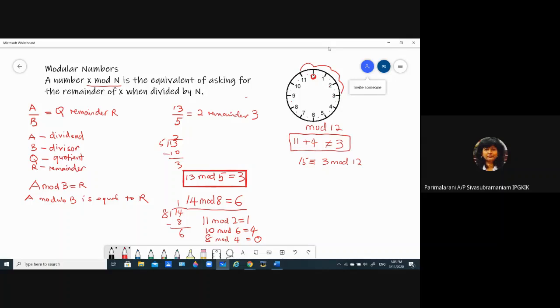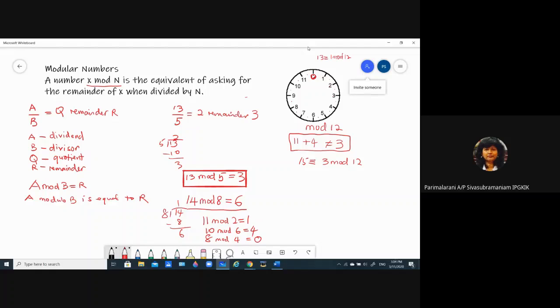After that, when we continue, it becomes 13. So 13 is congruent to 1 mod 12.